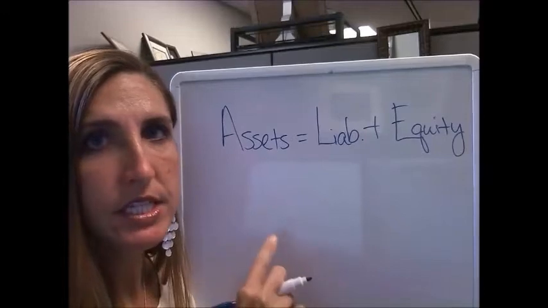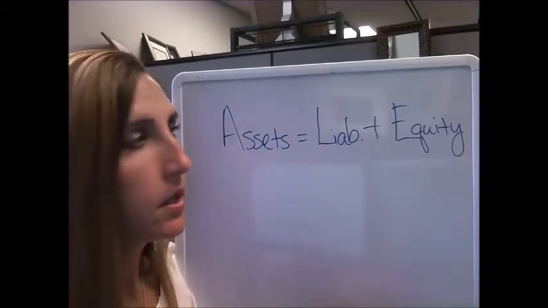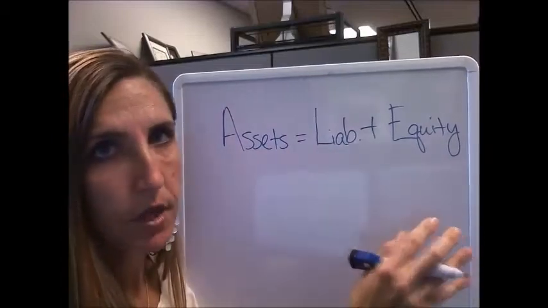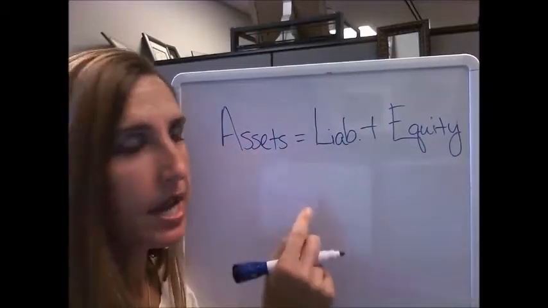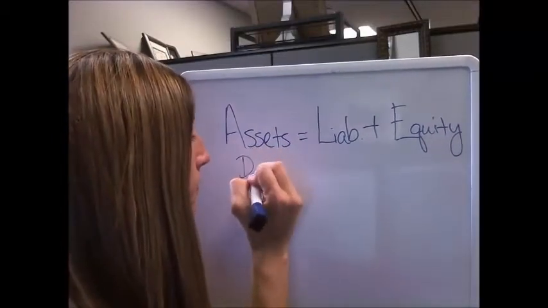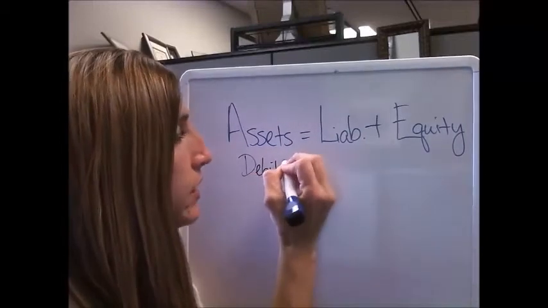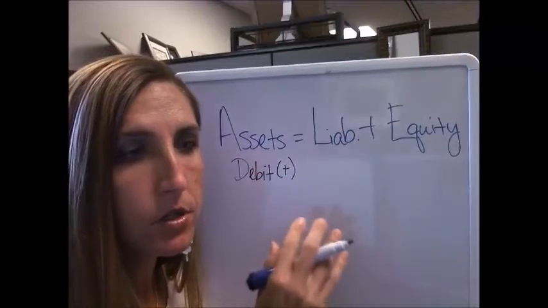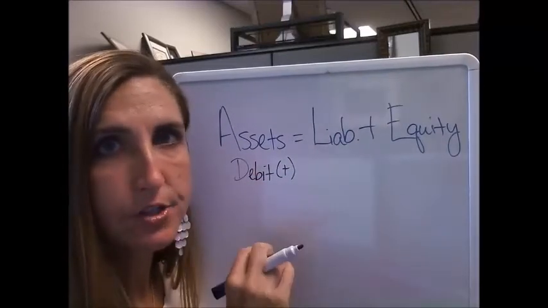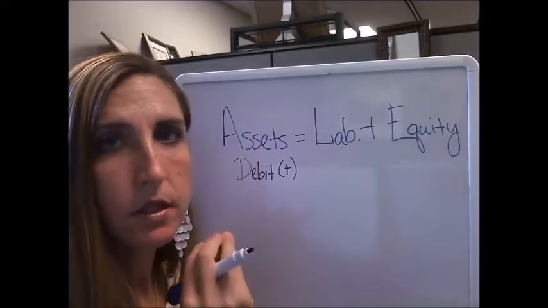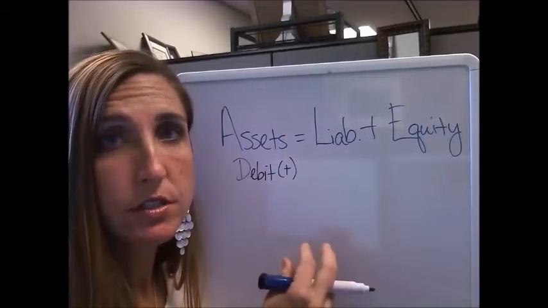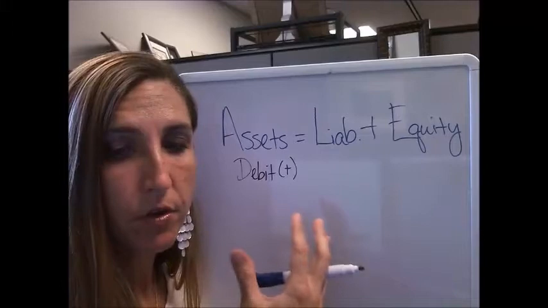Debits are on the left of a T and credits are on the right of a T. In the accounting equation, you can put a debit anywhere, but if I debit assets, my debit would increase my assets. So the word debit to the assets, cash, equipment, supplies, prepaids, means you've increased your amount of those items.